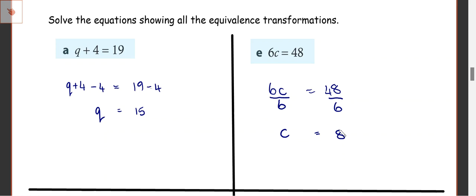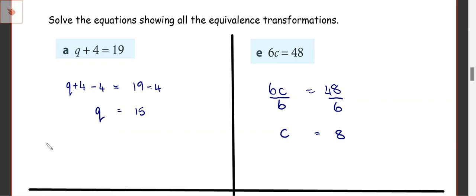Again, why did I divide by 6? Because dividing by 6 is the inverse of multiplying by 6.